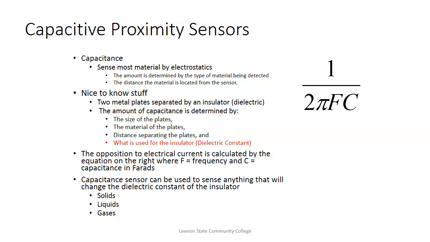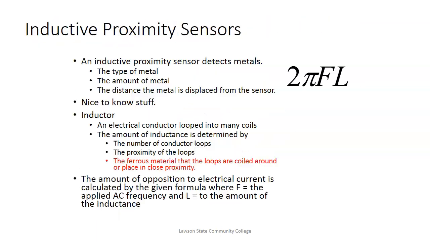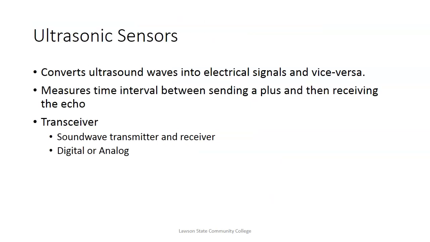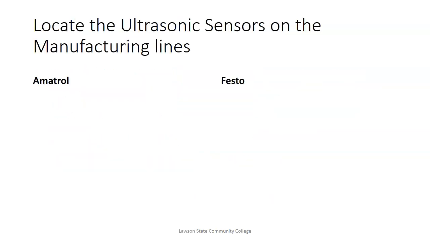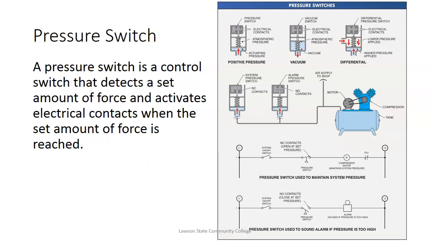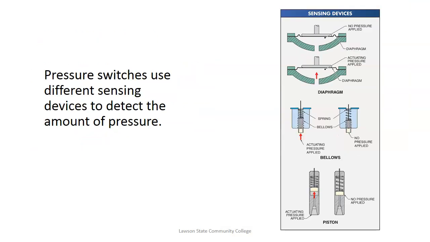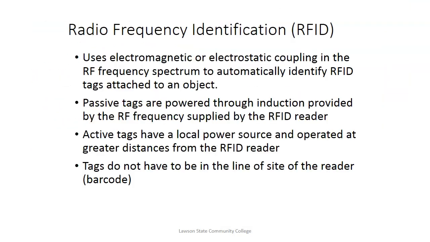So we come in on Monday. We'll talk about capacitive sensors. We'll look at inductive sensors, ultrasonic sensors. Pressure sensors. There's no pressure sensors on the Festo line, but there is on the Amatrol line. We'll look at radio frequency ID or RFID tags, which are very popular.